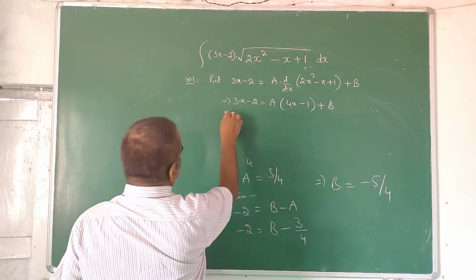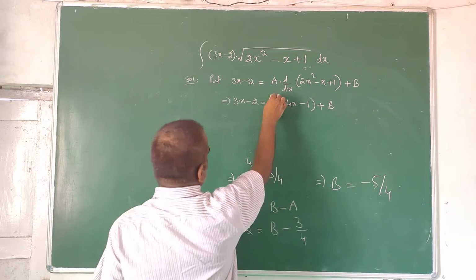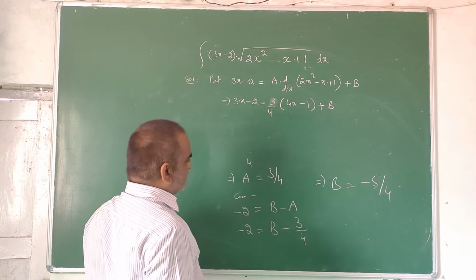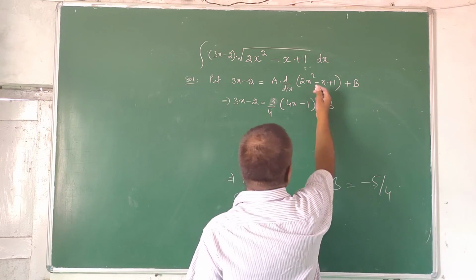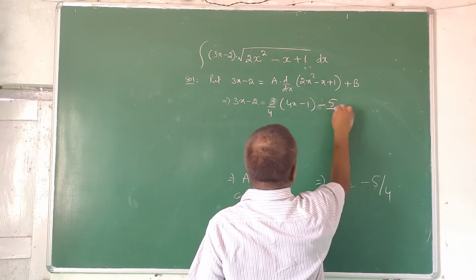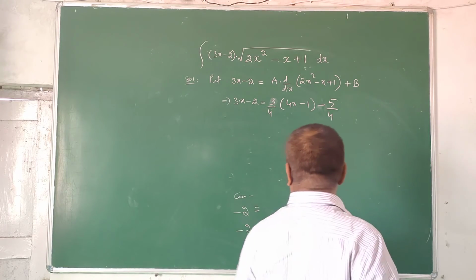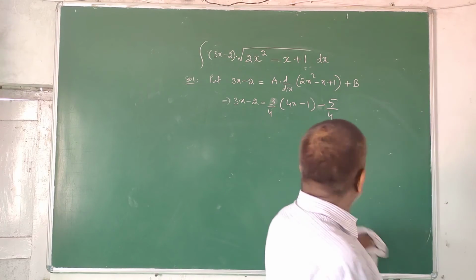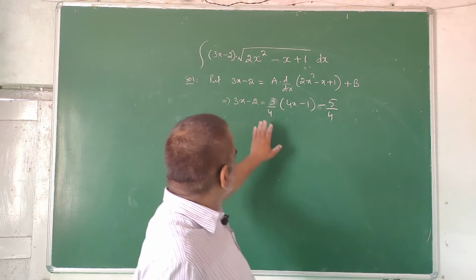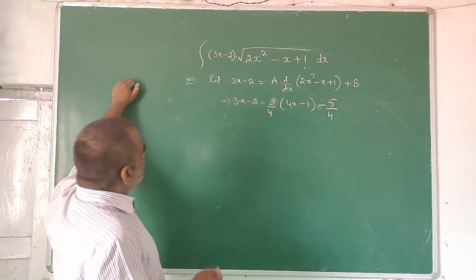This implies 3x minus 2 is equal to a, which is 3 by 4, into 4x minus 1 plus b, which is minus 5 by 4. So we have substituted the a and b values. So now let us go to the problem.